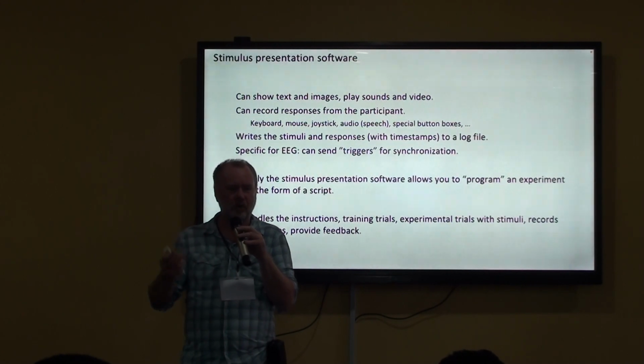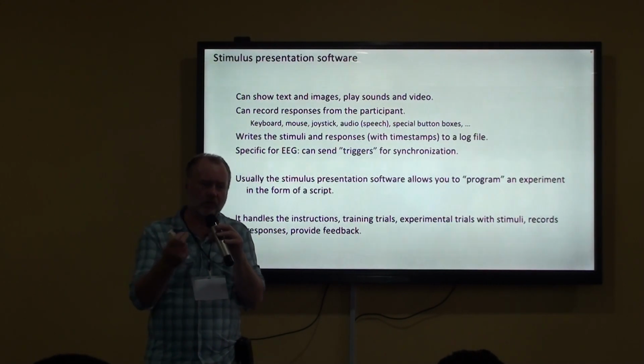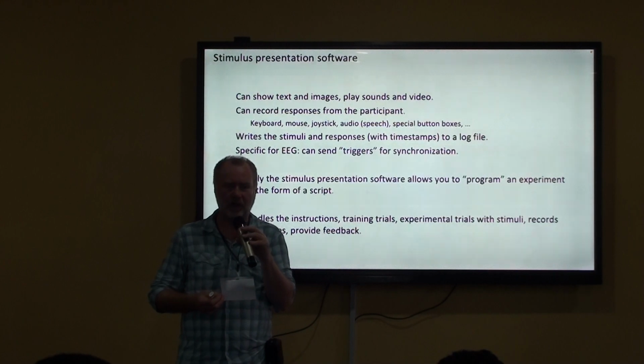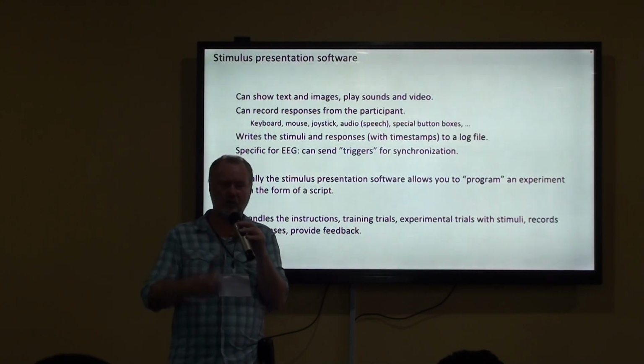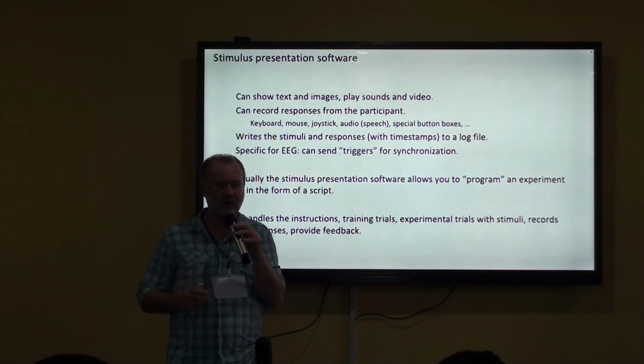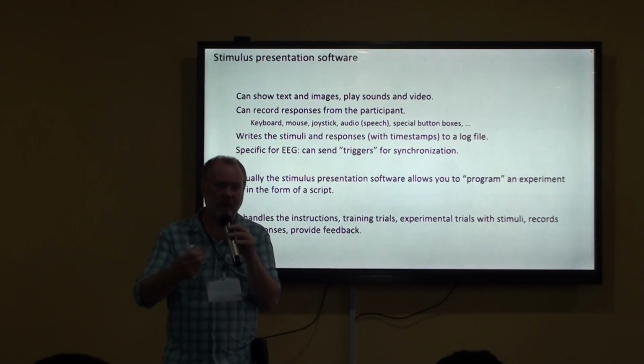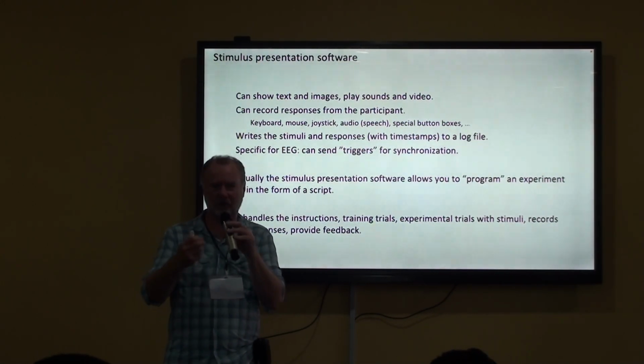The feedback to the participant is also important, because you want the participant to pay attention. If the participant is looking at the screen and not really pressing the buttons, you want the stimulus presentation software to say, hey, pay attention, go faster, you're not fast enough.